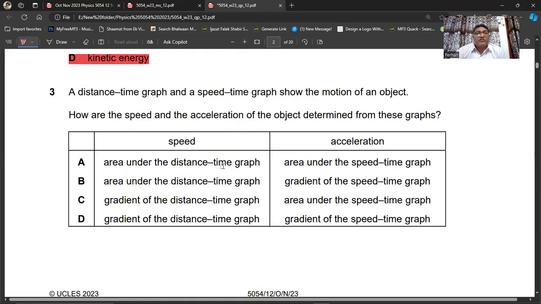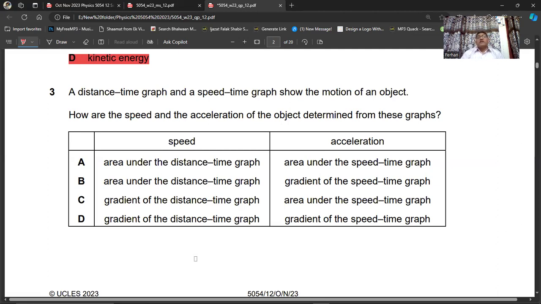We have question number 3. A distance time graph and a speed time graph show the motion of an object. How are the speed and the acceleration of the object determined from these graphs? From the gradient of the distance time graph, you can tell the speed.